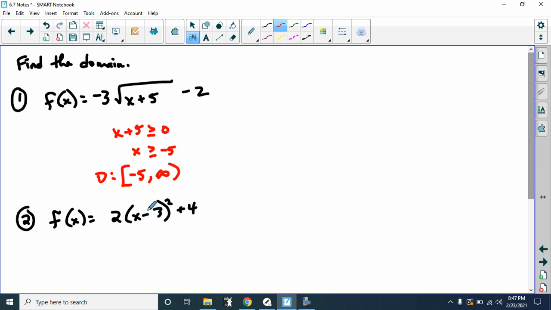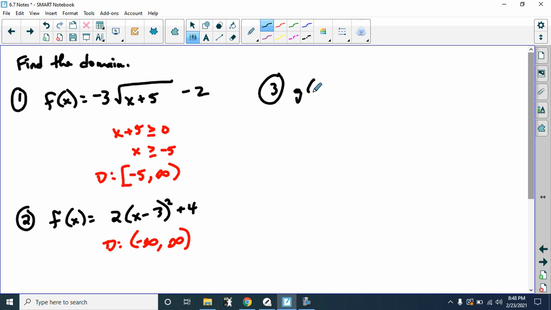I can square 0. 0 squared comes out to something. Negative numbers squared, that's okay. That's not undefined. I could take a fraction and square. I can square anything. X minus 3 is allowed to be anything. Therefore, my domain is all real numbers. All numbers from negative infinity to positive infinity.